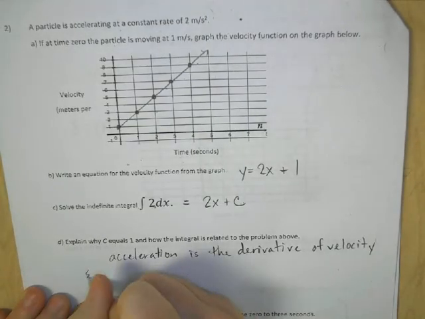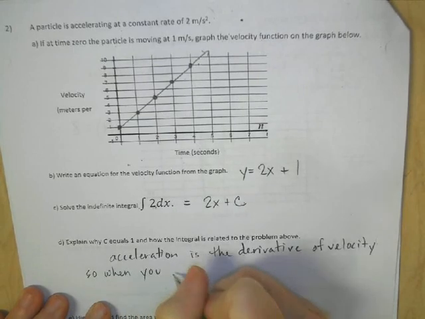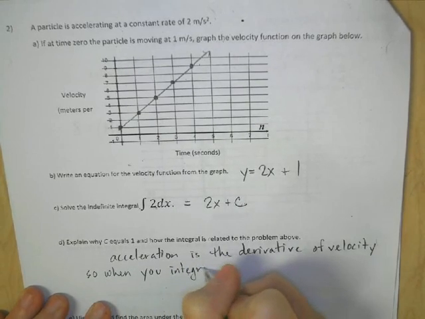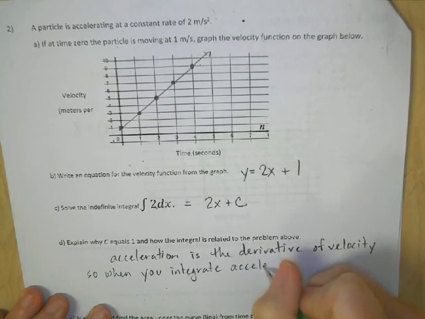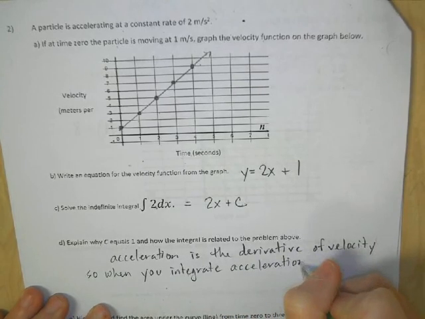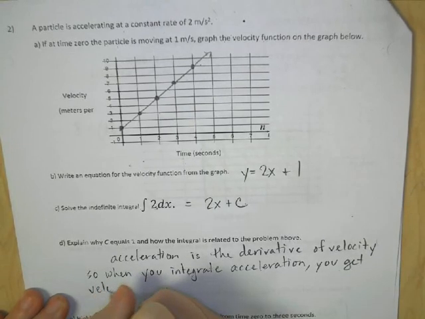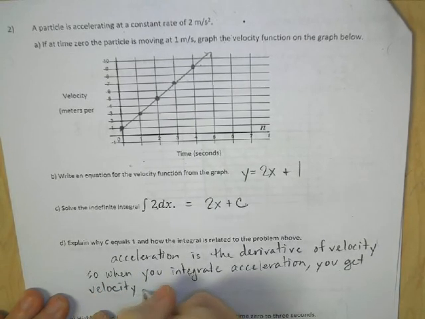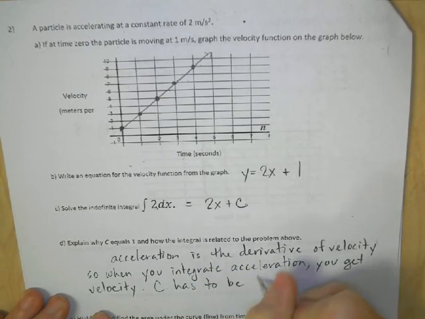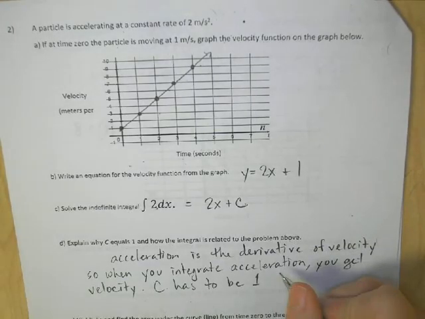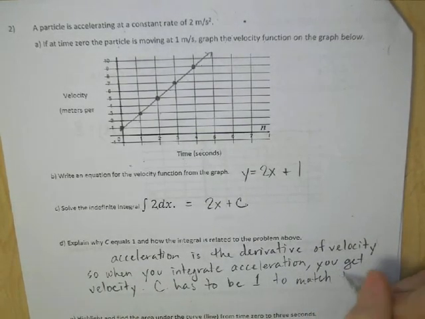So when you integrate acceleration, you get velocity. C has to be 1 to match the velocity function.